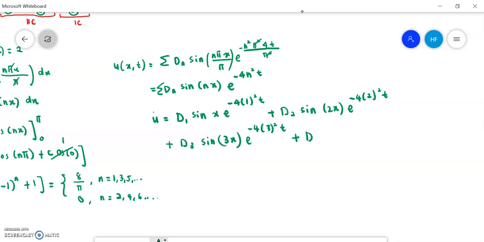And when n is equal to 4, we get it like this. Okay, so now I'll just stop at n equals 4.